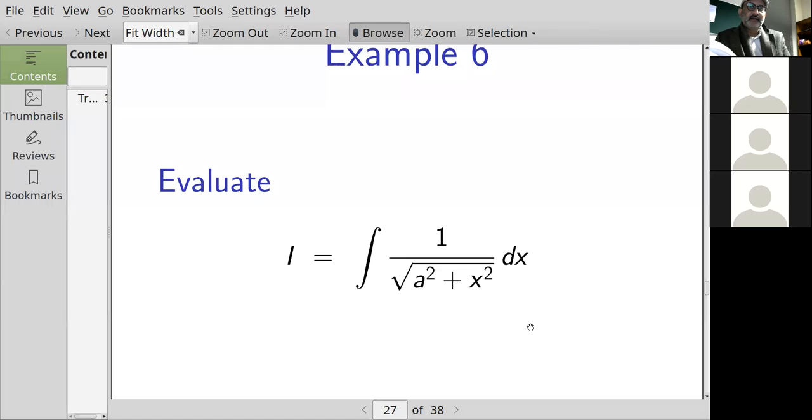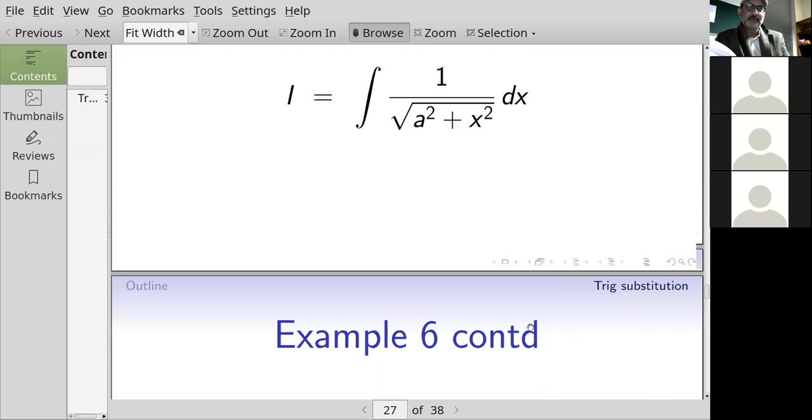So a squared plus a squared tangent squared theta is equal to a squared secant squared theta. So probably x is equal to a tangent theta is what I want to use.